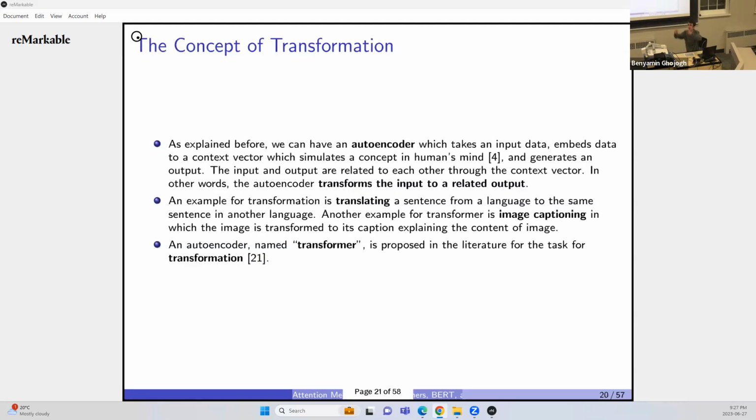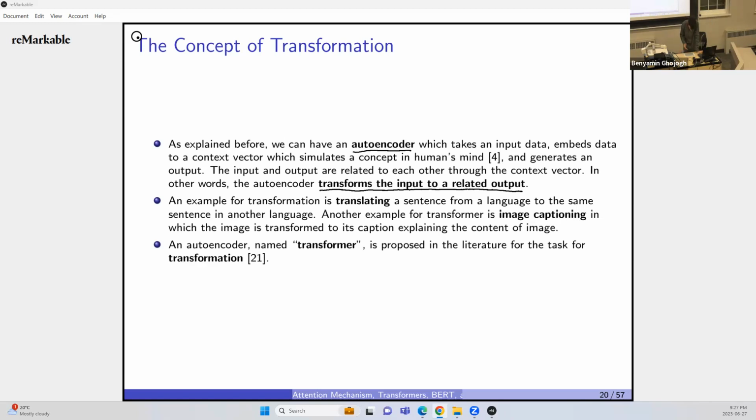Now transformer. So far we talked about attention. Now transformers. Attention is used in transformer, okay? So as I said, we have autoencoder, which takes some input, gives me some concept, and then outputs something, right? Do you remember autoencoder? So in other words, it transforms the input to a related output.